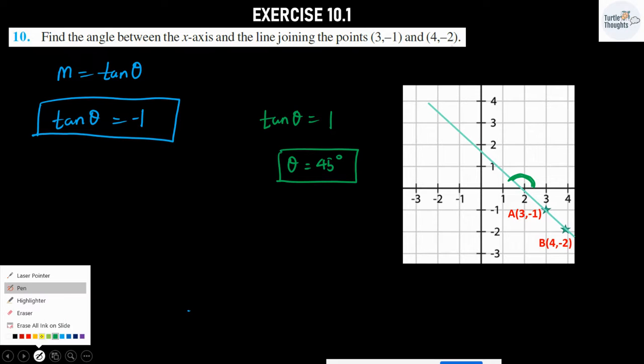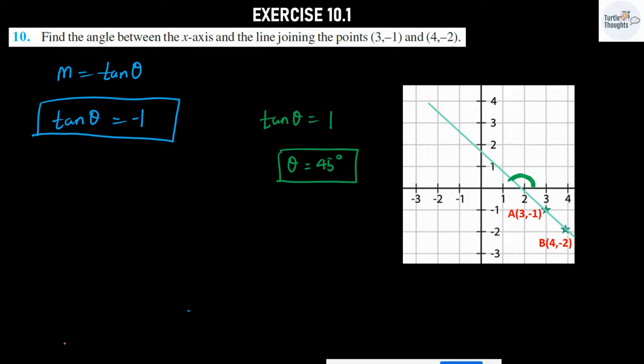I think I have already told you about ASTC. Have I told you about that? When we were studying about quadrants, I think I had mentioned about this, right? ASTC. What does this mean? In the first quadrant, all the trigonometric ratios will be positive. In the second quadrant, sine and cosecant will be positive. In the third, tan and cot will be positive.